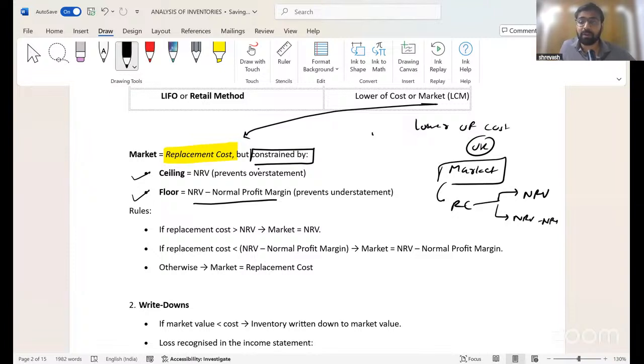Let's say my NRV is 100, but my replacement cost is 110. So what do I take as replacement cost? The maximum replacement cost can be is equal to NRV. I will have to take market as 100, even if I calculated market as 110.